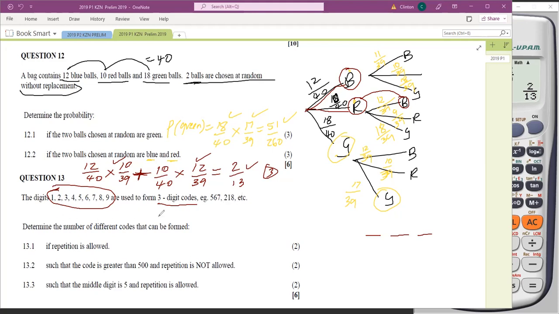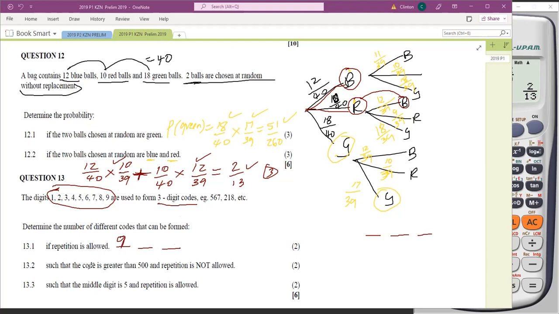Now let's check. Determine the number of different codes that can be formed if repetitions are allowed. So if repetitions are allowed, let's check now. For the first part here, I have 9 possible options to pick. I can pick 1, I can pick 2, I can pick 3, I can pick 4, 5, 6, and so on, right? So I have 9 options here to pick from.